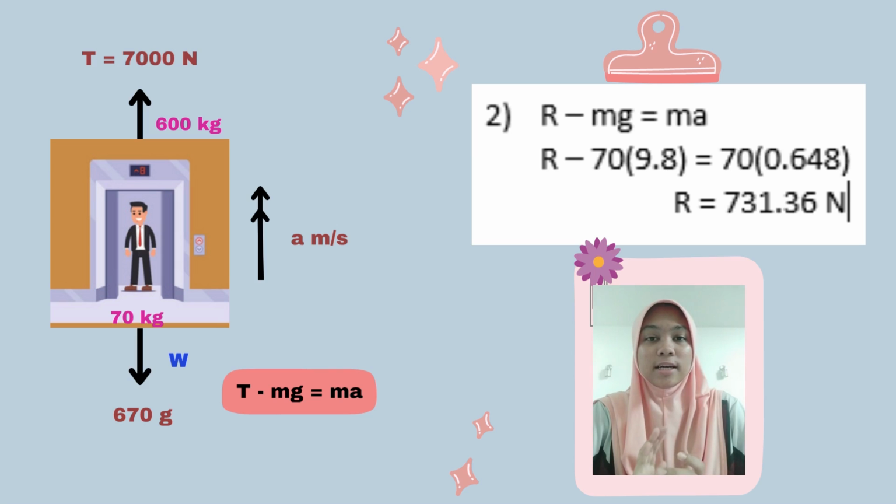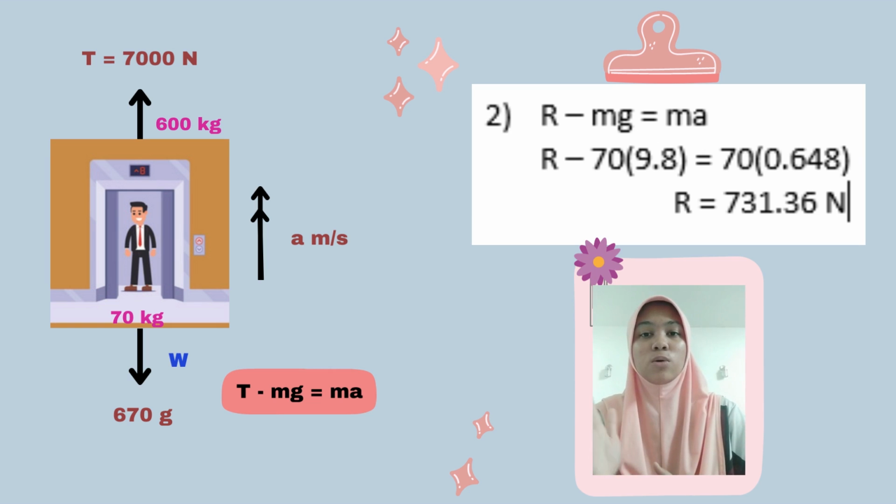So, the second question asks us to find the force between the floor and the man's feet. What we have to know first is that there is a normal reaction force, which is denoted by R. So we have to use this formula, which is R minus mg equal to ma.